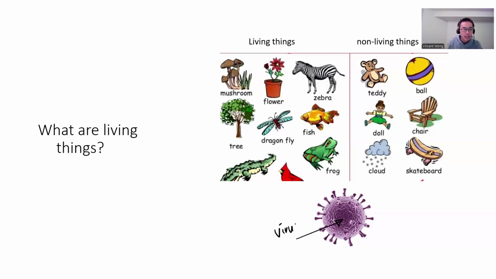Okay, very good. And the virus is one of those things that people can really classify as living or non-living. The sticking point here is that viruses have the potential to reproduce, but they cannot do it on their own. A virus is not going to be able to copy itself unless it is inside a living thing.